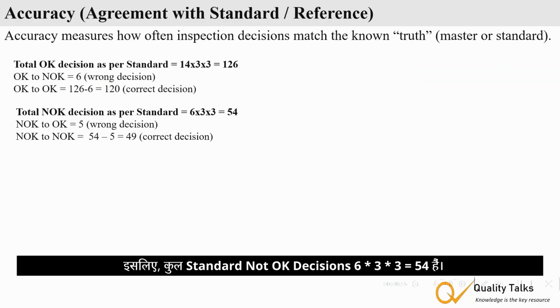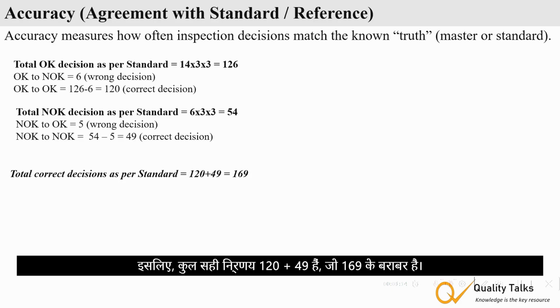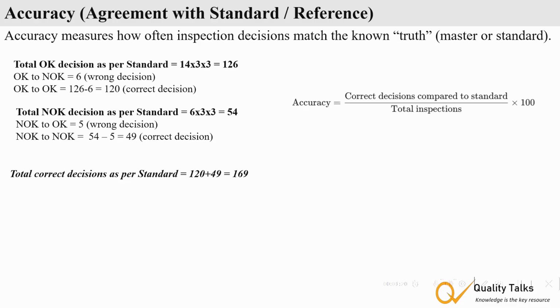Not OK to OK, 5 wrong decisions we have. And not OK to not OK, 54 minus 5 is equal to 49 correct decisions. So total correct decisions are 120 plus 49, equal to 169.